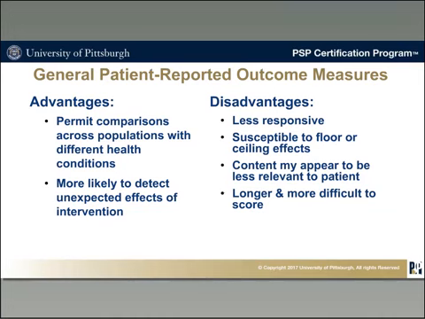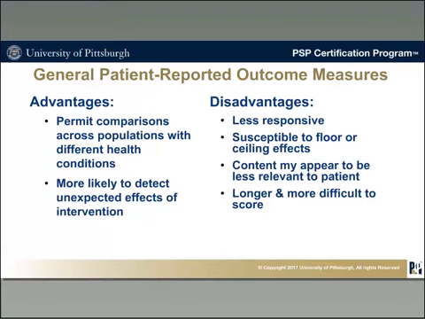They're susceptible to floor and ceiling effects, and what I mean by that is they are susceptible to having individuals score at the maximum or score at the bottom or lowest possible score. And when you're at these extremes, there's not much range for improvement.